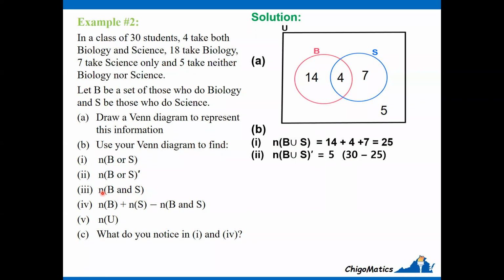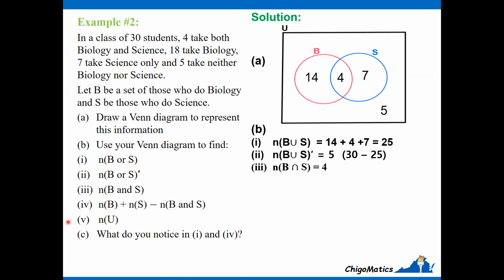Then Roman figure 3, number of students doing biology and science. This is representing the intersection. So those who are doing both subjects, biology and science, are those on the intersection, and they are 4.